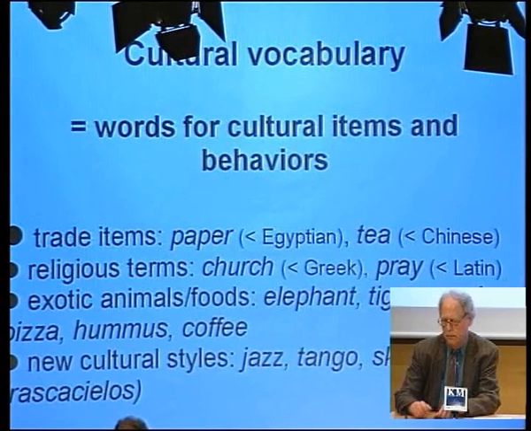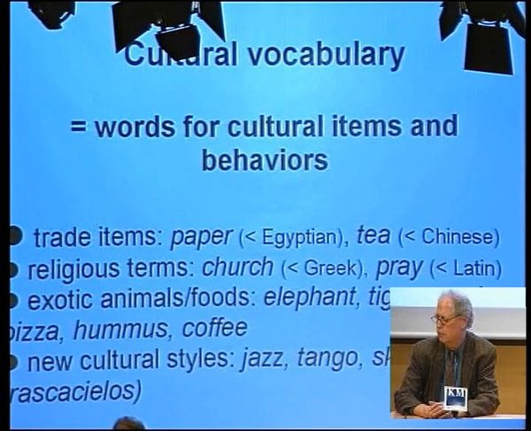In European languages, paper usually comes ultimately from Egyptian, because they originated the papyrus process of making paper. Another one is tea, which in most languages outside of China comes from Chinese, because people needed a new word to denote this new product.